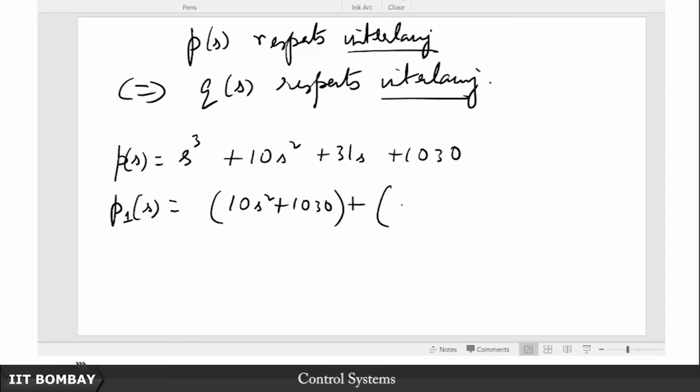So how do I reduce the odd part? Here's how I'm going to do this. So s cube plus 31s, and I'm going to subtract some suitable multiple of the even part to get rid of this cube. What do I have to do? I have to multiply by s by 10. Then I can get rid of the cube. So s cubed is gone, 31s minus, this is 1030 by 10, so that's 103s.